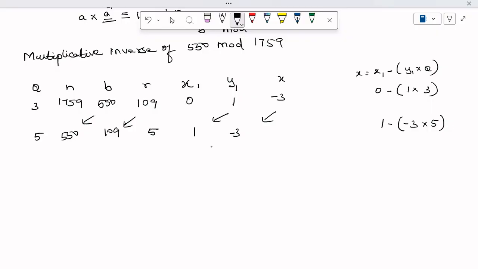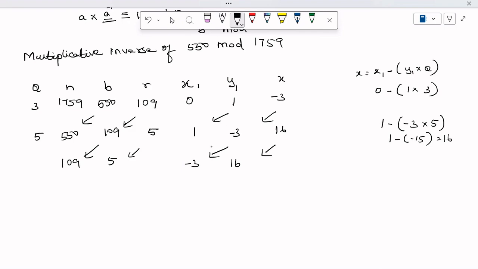So this is 1 minus 15, which is equivalent to 16. Alright. So we are going to repeat the process until r gets 0. So this is 109 and this is 5 and this is minus 3 and this is 16.